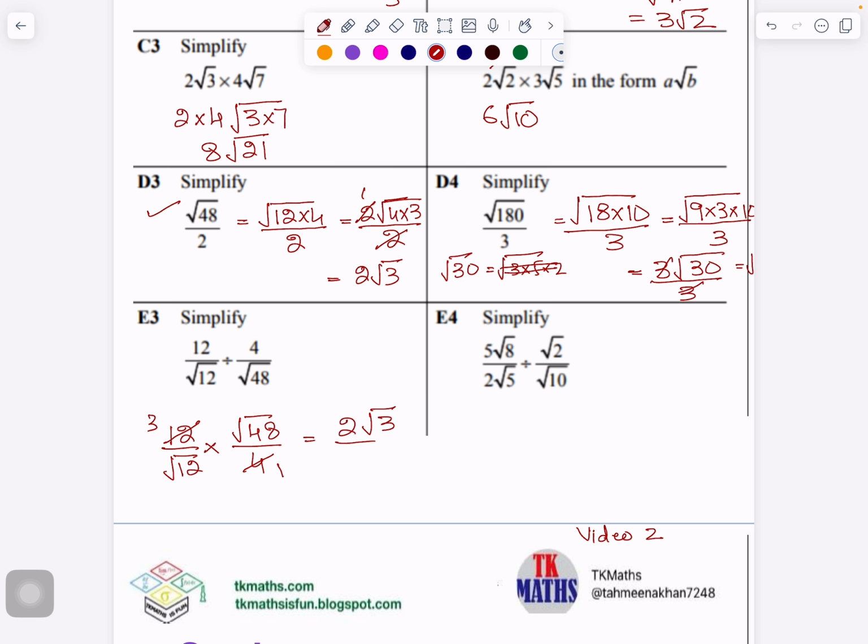We don't need to show all the steps here. And root 12 is equal to 4 times 3. 4 threes are 12. So I can write 2 root 3, right? And I have this 3 also outside, so I will write this also here.